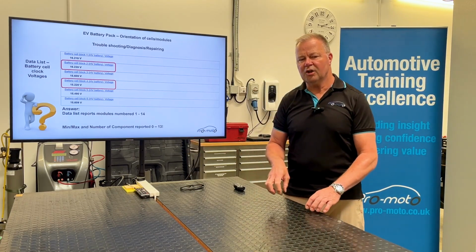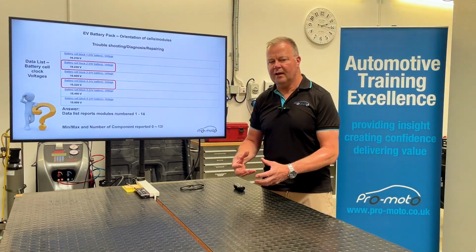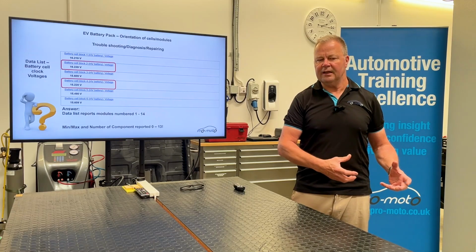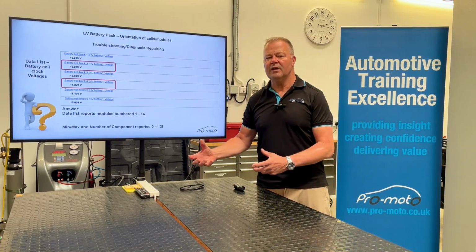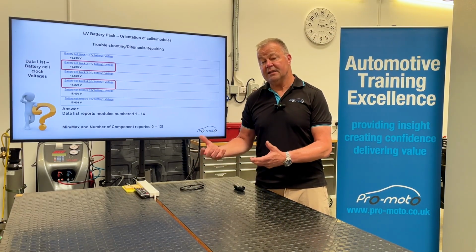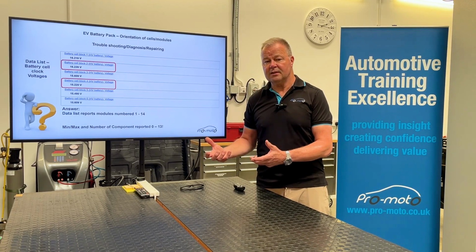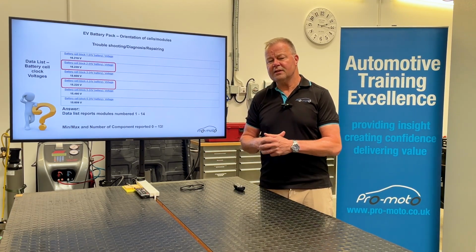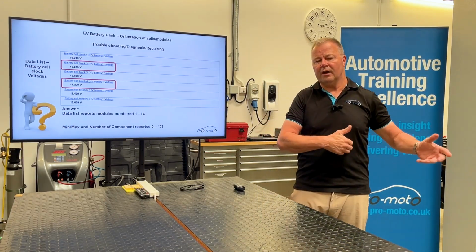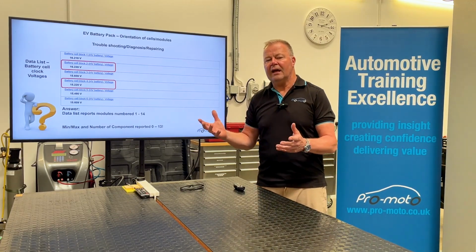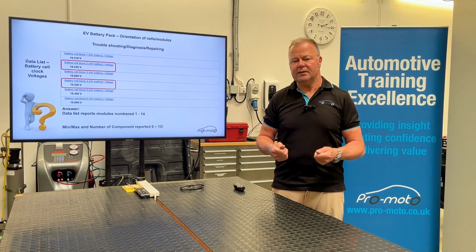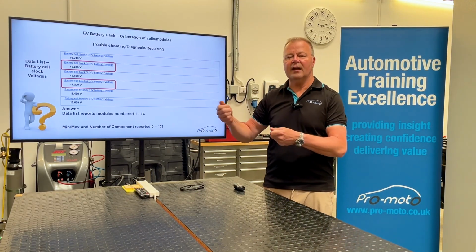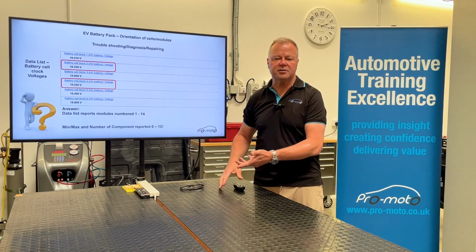So whilst we're getting the correct data, the software has been configured slightly differently to give us a slightly incorrect reading. Okay, so that's the first problem as far as the battery is concerned. So we have to ask, how can we make sure we're looking at the right cells? Now we're going to have to measure actual voltages within the battery to see where that problem is and whether it correlates to what we suspect.